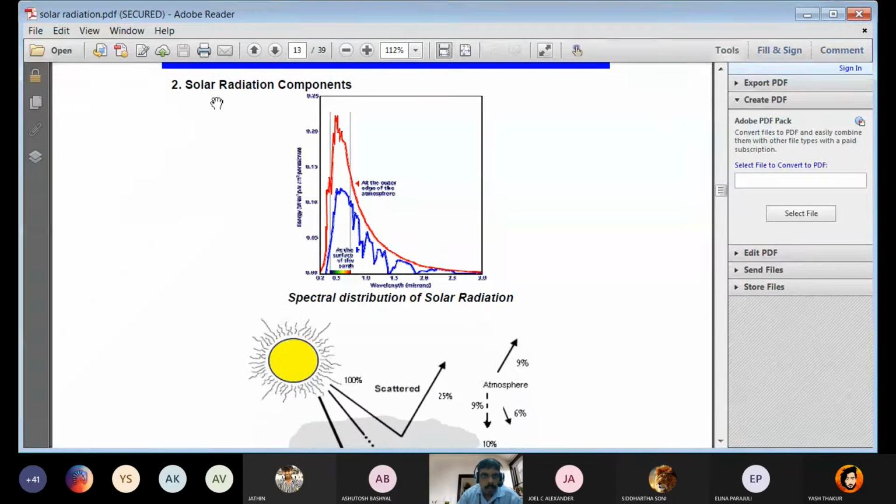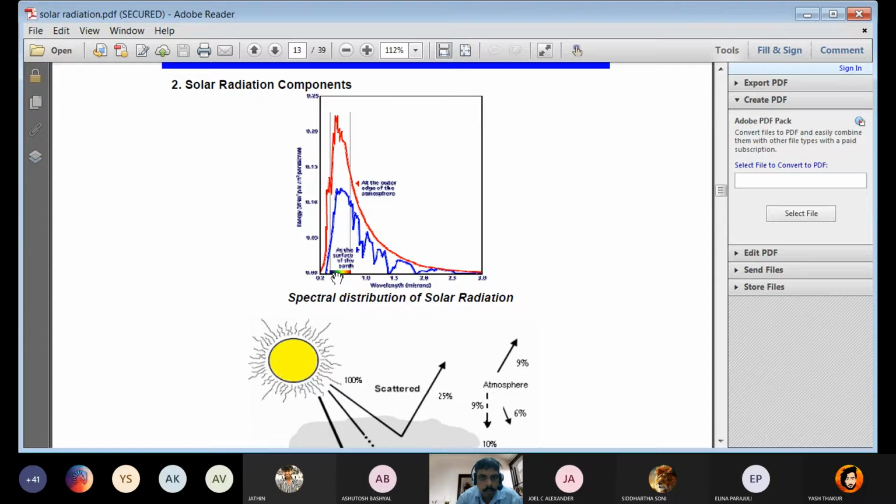So this is another solar radiation component. Solar radiation is made of electromagnetic waves, which we described in the first class, right? What are electromagnetic waves? They can be expressed in wavelength as well as frequency.